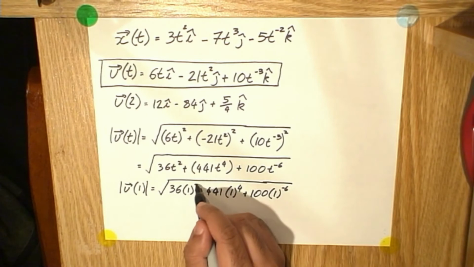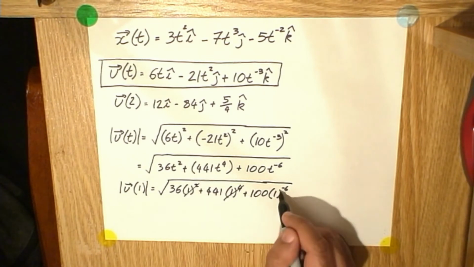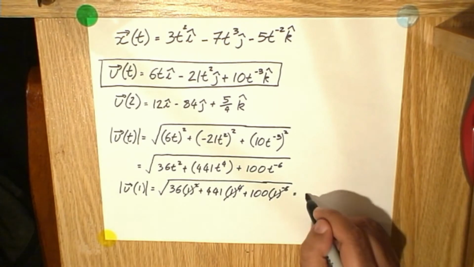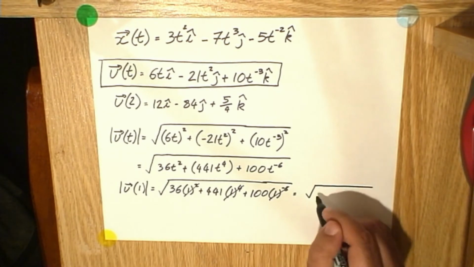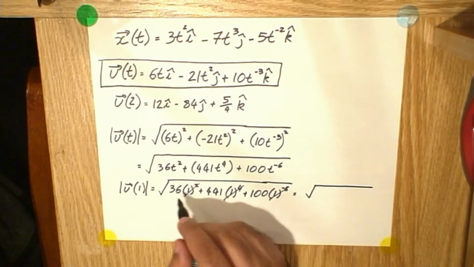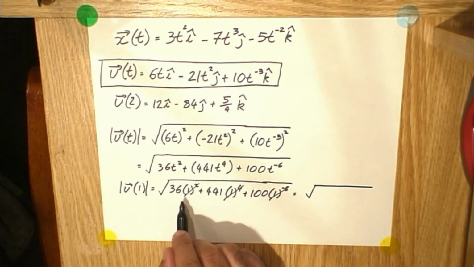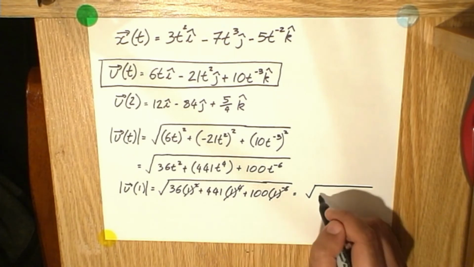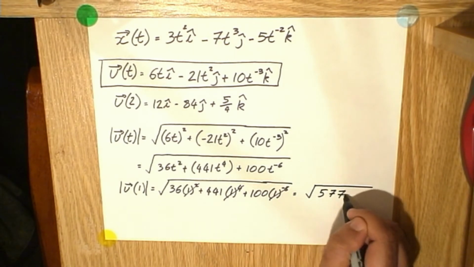So 1 squared, obviously, that's going to be 1 in every one of these cases. So we end up with 36 plus 441 plus 100. So 36 plus 441, that would be 477. Plus 100 is going to give us 577.